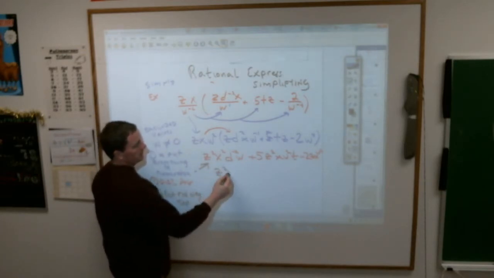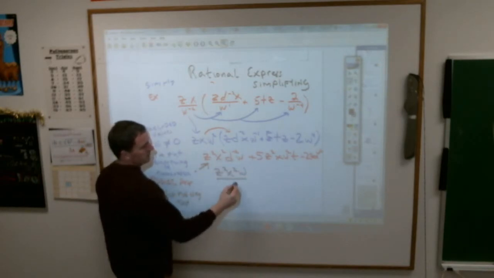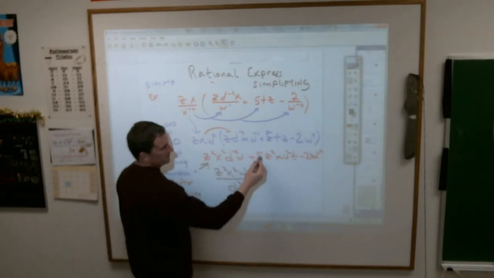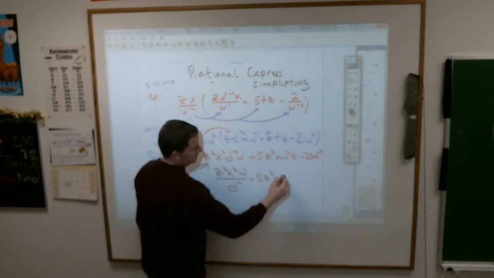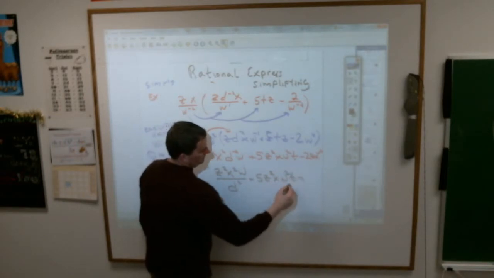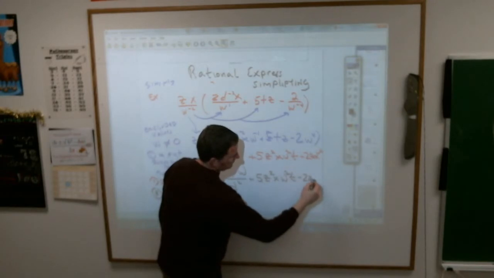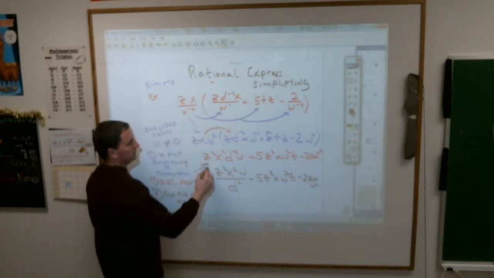So the z squared, x squared, w stay on top, but the d has to go to the bottom for d squared. The rest of these, I don't see any other negative exponents. Is that x w to the 6th? And this would be your answer.